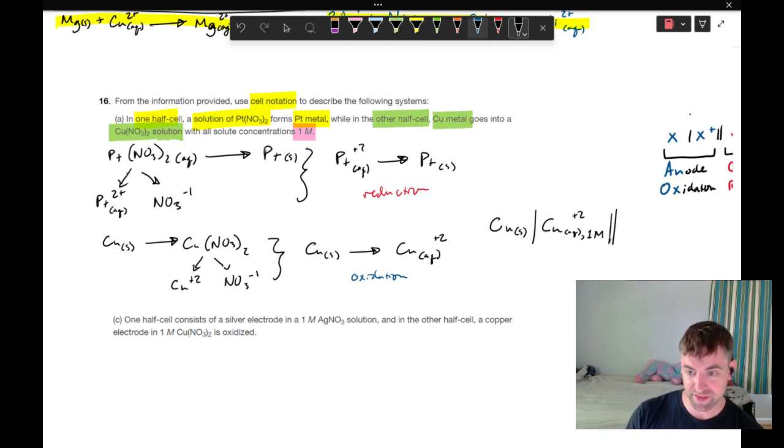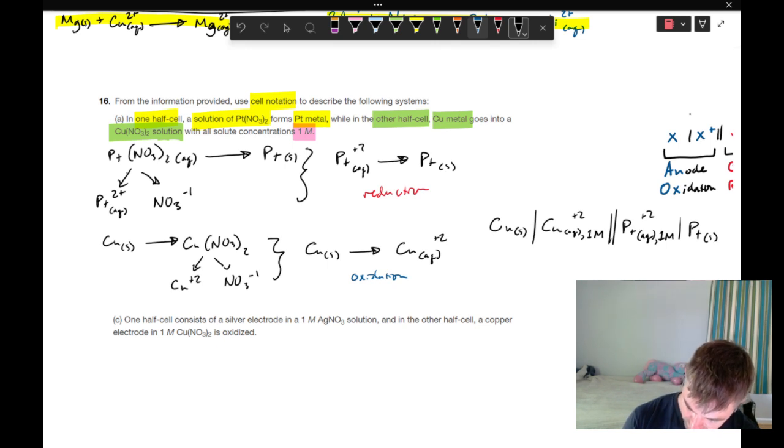Oxidation is the anode. And then aqueous platinum, 2 plus. And our concentration there was 1 molar as well, comma, 1 molar, forming solid platinum. And we're done.